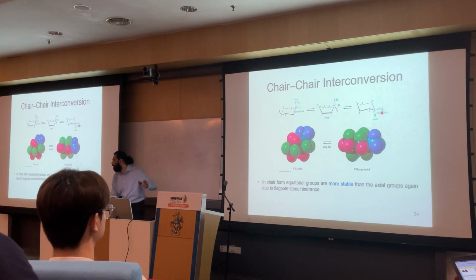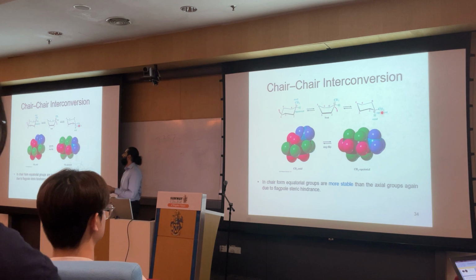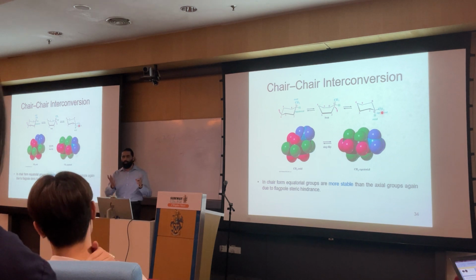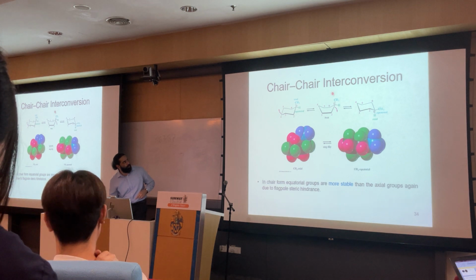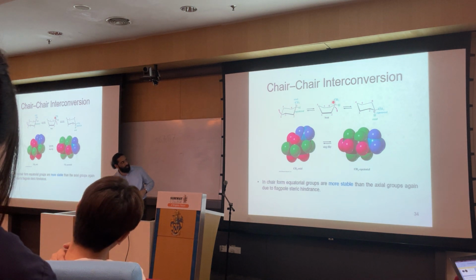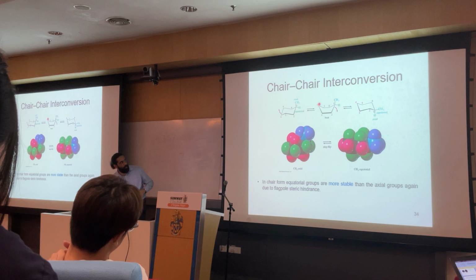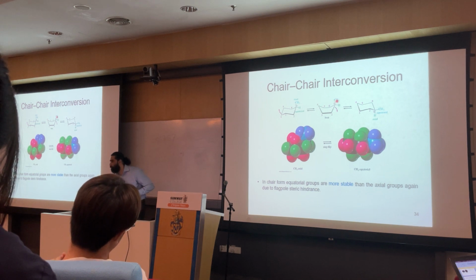And this equatorial always will have higher stability because of the absence of that flagpole interaction, which comes right here if the group is already on axial position. Right? Here is one hydrogen. Now this hydrogen interacts with this methyl, that's why this is not so stable.